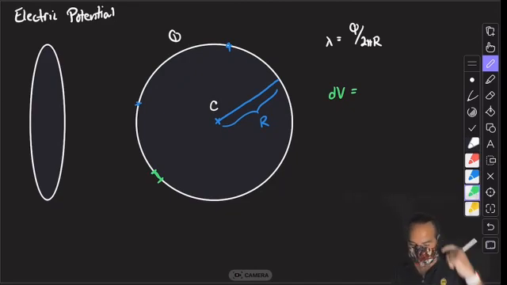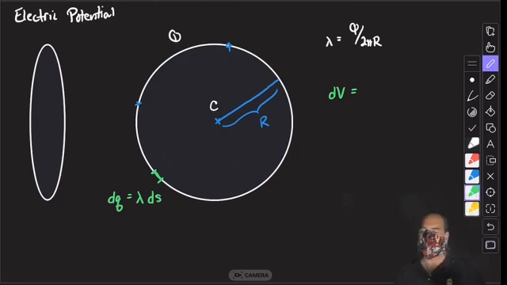To do that, I'm noticing that because this is a ring, this represents a small length. So the amount of charge there, dQ, is going to equal the charge density times the piece of length. This is an arc, so I'm thinking ds is a good bit of integrand to use.